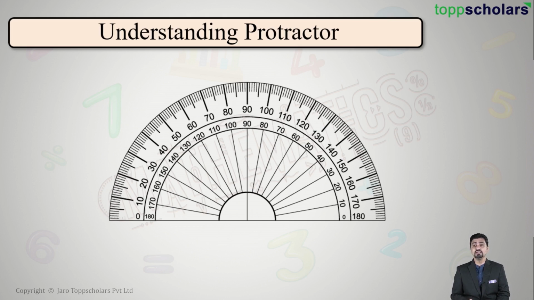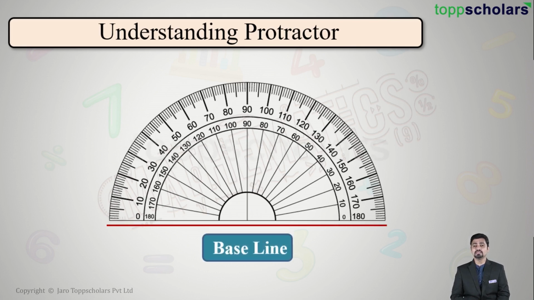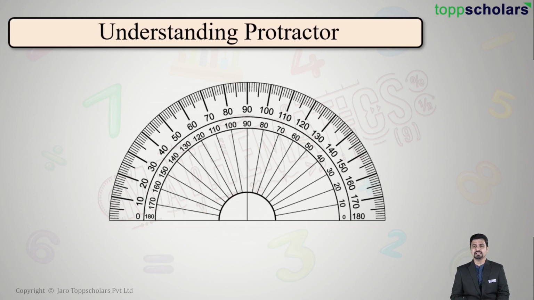Now, there are certain important things to be remembered in a protractor. The horizontal line at the bottom is called the base line. Very important to be remembered because we will be using this line for measuring angles. Then, at the midpoint of this line, there is a dot where a vertical line also is there.